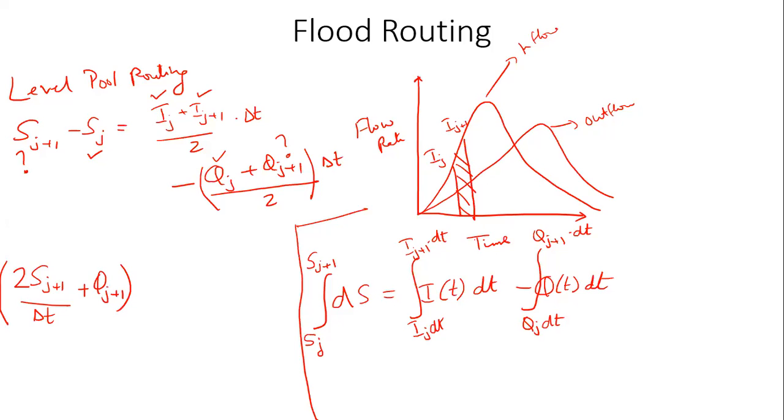Okay, 2 times Sj plus 1 divided by delta t plus Qj plus 1. Okay, that's right. Equal to Ij plus Ij plus 1 plus 2Sj by delta t minus Qj. Is this right?